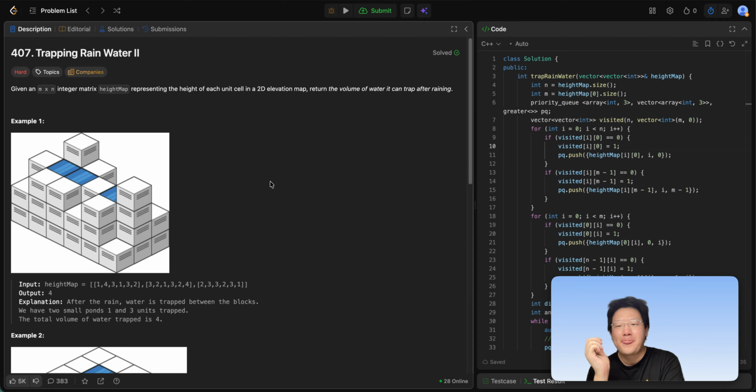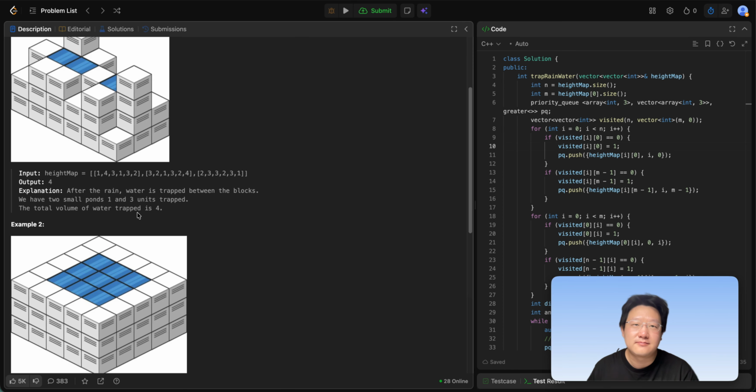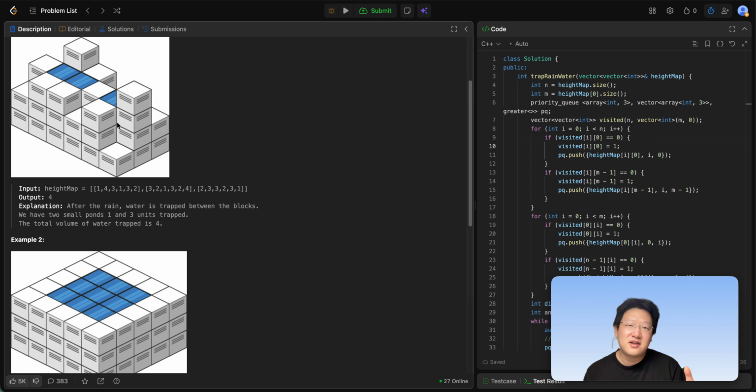And then I asked myself a question. What decides how much water a cell holds? Obviously, the lowest wall around it. Water flows downhill. So instead of going inside out, go outside in, start from the boundary.